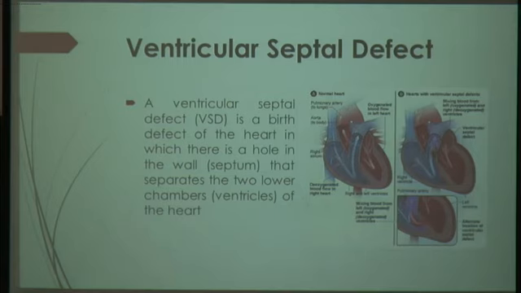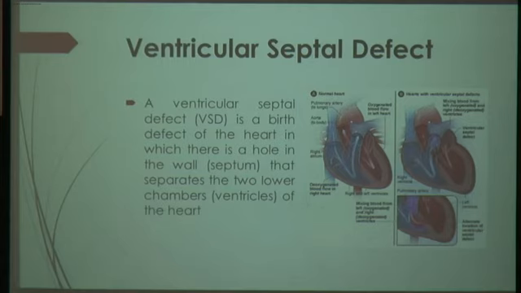This will cause problems because the blood in the left ventricle is supposed to be pumped to all parts of the body for functioning. But if some of this is leaking, then some parts of the body do not have enough oxygenated blood.